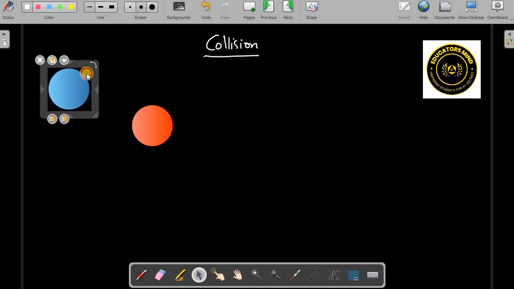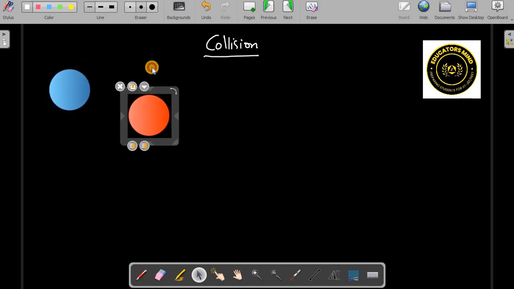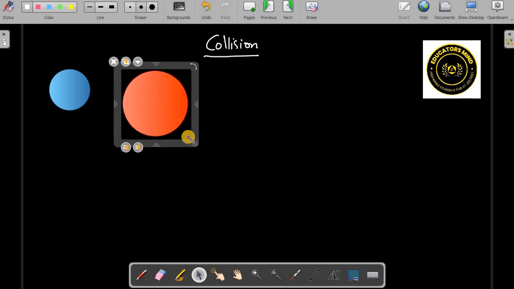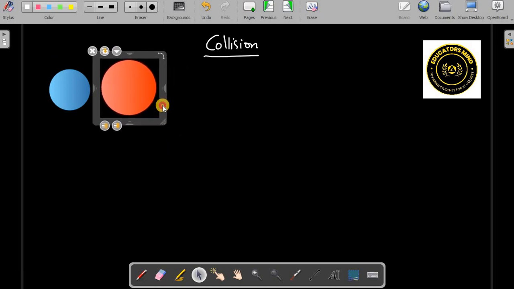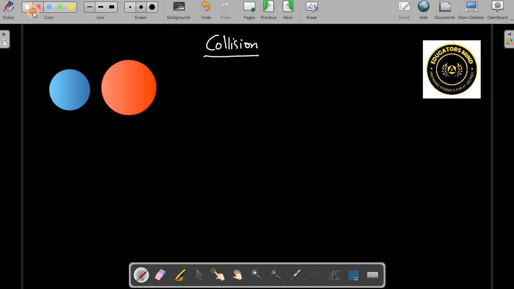So this is an object, this is another object, and they are not identical. You can consider this one a little bit larger, and this is the situation before collision, and we are considering a head-on collision. That means this is the line joining the centers, and collision is happening along the line joining the centers, like this.